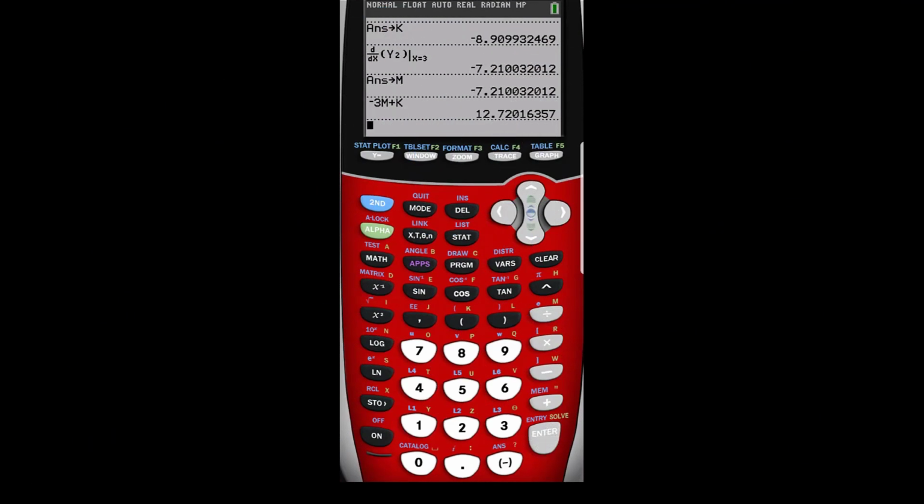So on the calculator, negative 1 divided by m, I get 0.13869. And then I need to do 3 divided by m plus k. And I get negative 9.326.